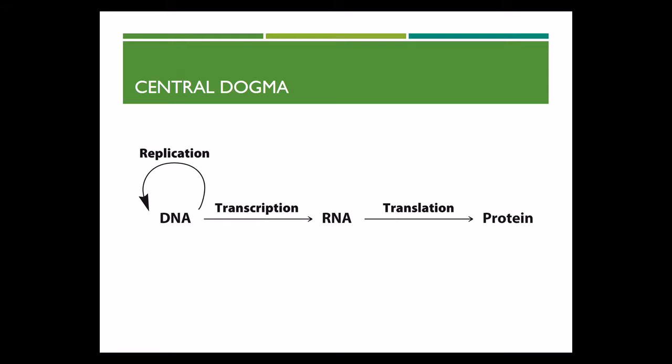Expression of the genetic material stored within DNA is used to direct synthesis of proteins. This process involves the transcription of DNA segments to produce a complementary strand of RNA.